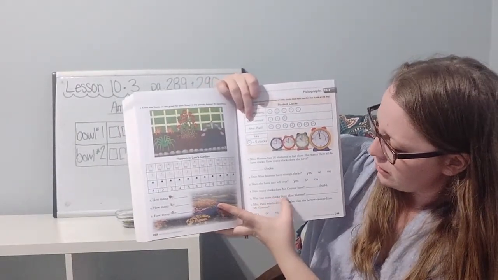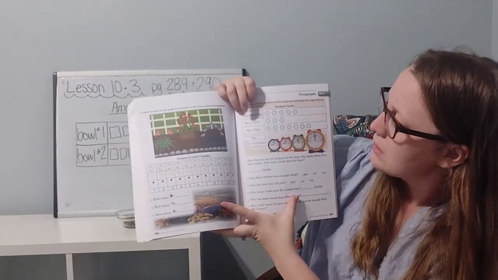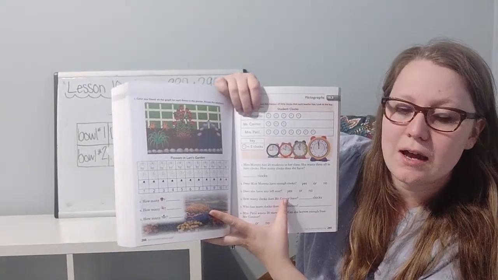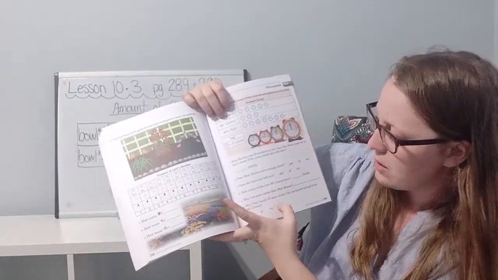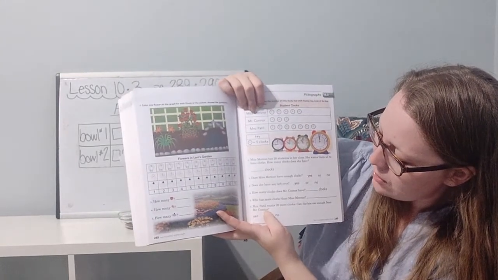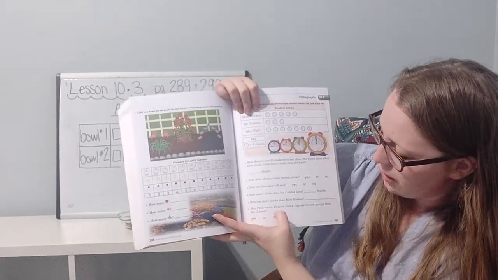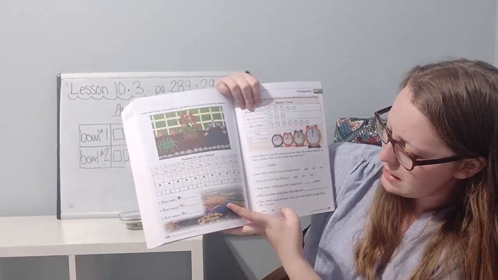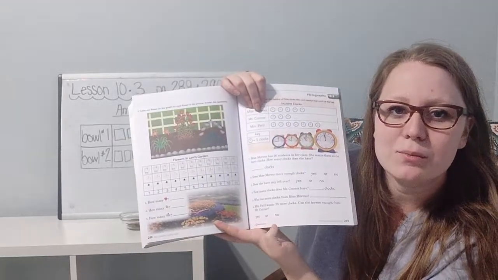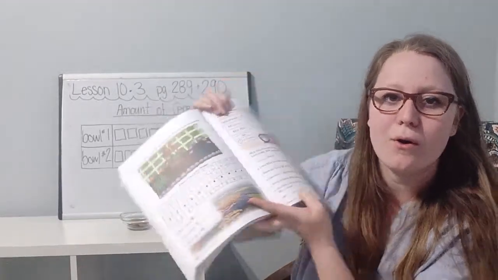Who has more clocks than Miss Marino? So again, take a look. Decide which teacher has more clocks and write their name on the line. Last question says, Mrs. Patel wants 20 more clocks. Can she borrow enough from Mr. Connor? Take a look at the graph to help you find out that information and circle yes or no.